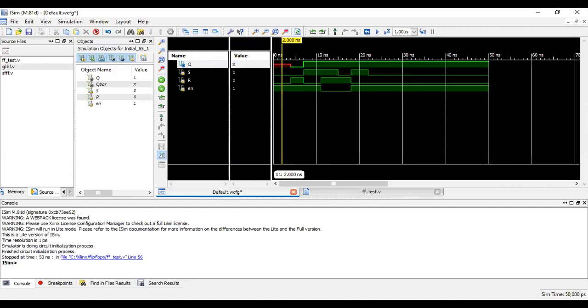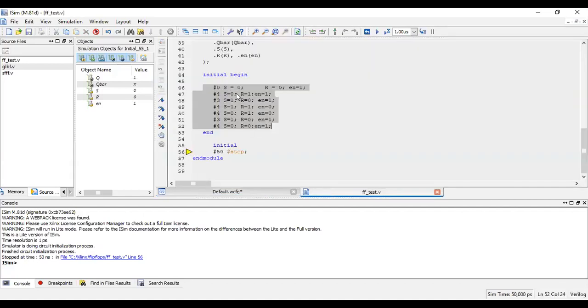Okay. Next, we'll go to the next value, that is from 4 to 7. From 4 time units to 3, 4 plus 3 is 7. From 4 to 7 units, S is 0, R is 1, and enable is 1.